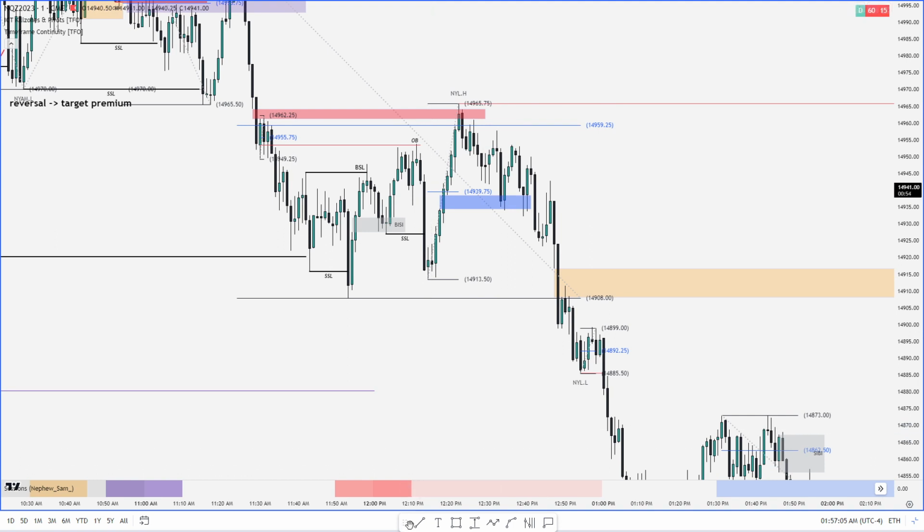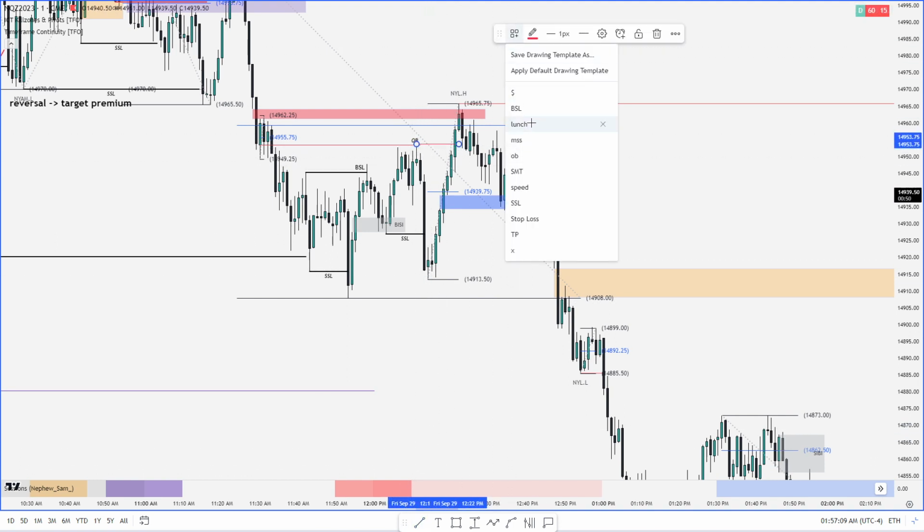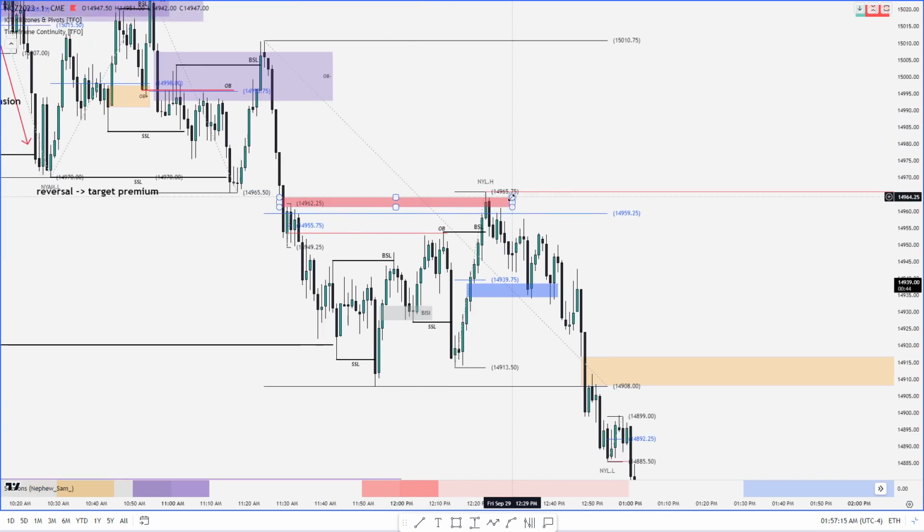Got a stop right up here, with the reversal, or with the retracement into premium. Back into 50% of the range. So internal to internal.